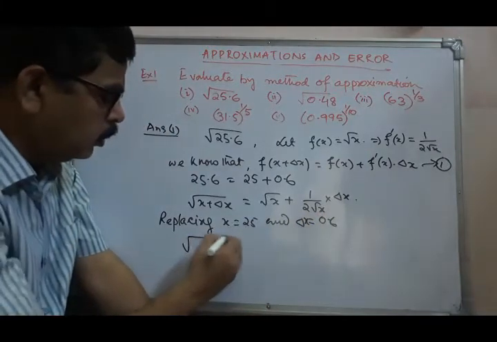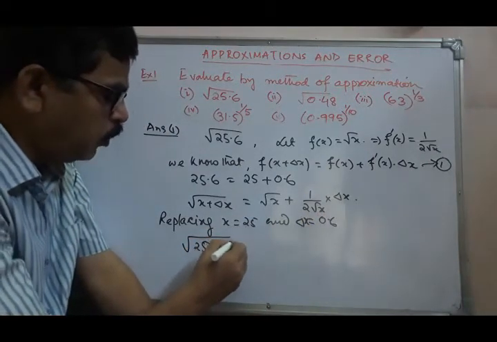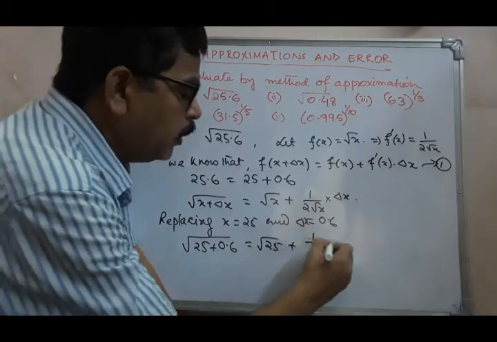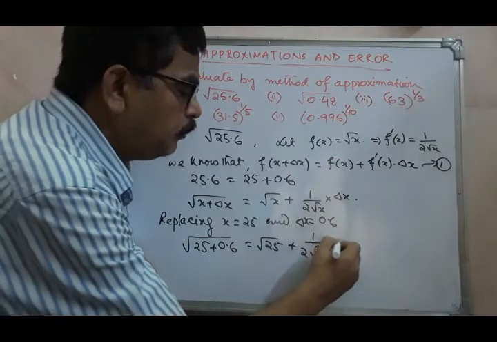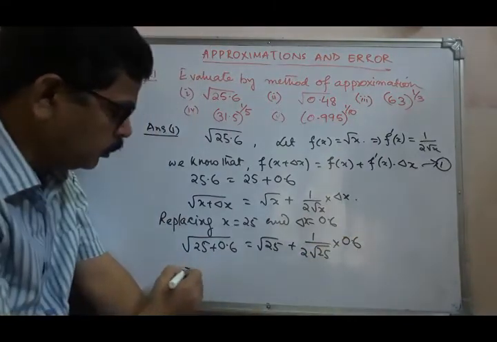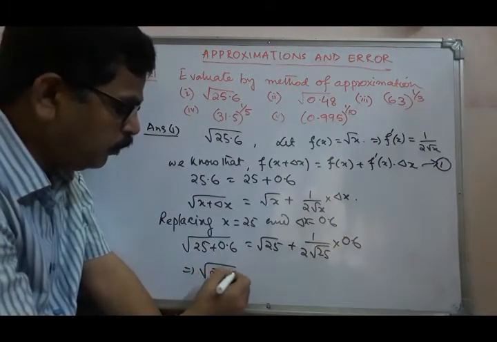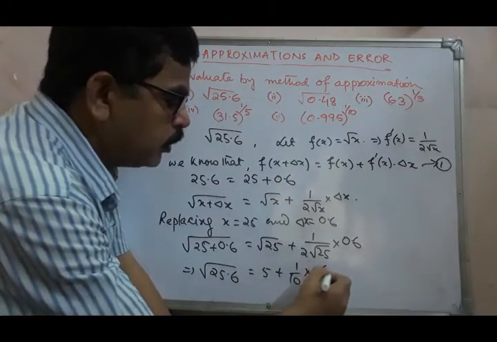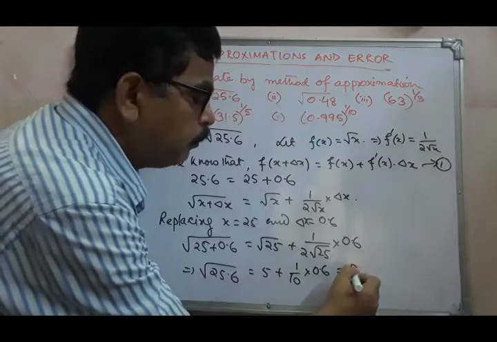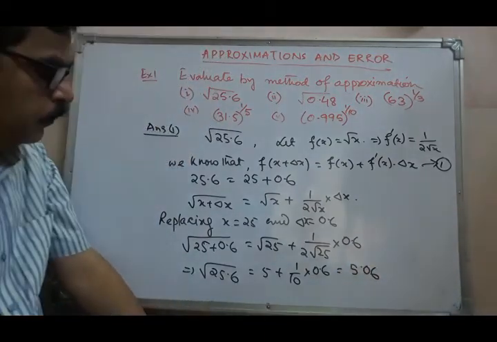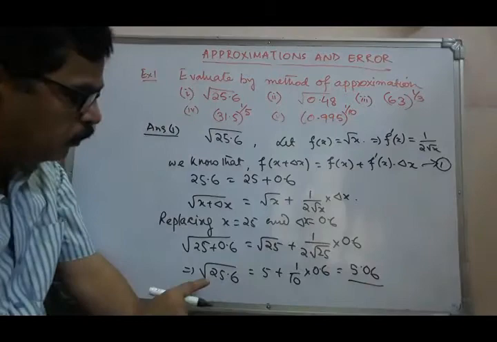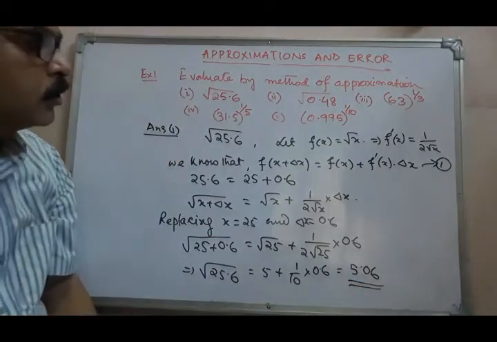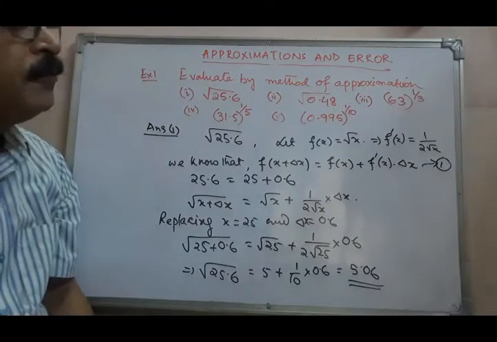What will we get? Root over 25 plus 0.6 equals root over 25 plus 1 by 2 into root over 25 into 0.6. That is, root over 25.6 equals 5 plus 1 by 10 into 0.6, that is 5.06. That is, the approximate value of root over 25.6 is 5.06, which we found by the method of approximation.